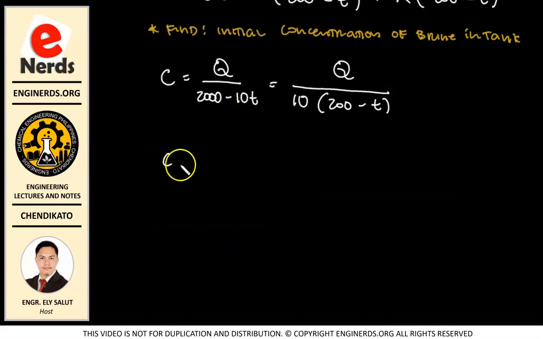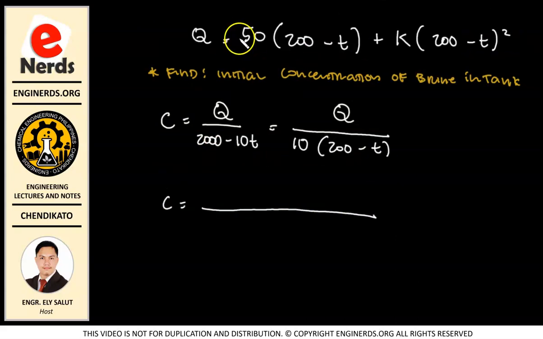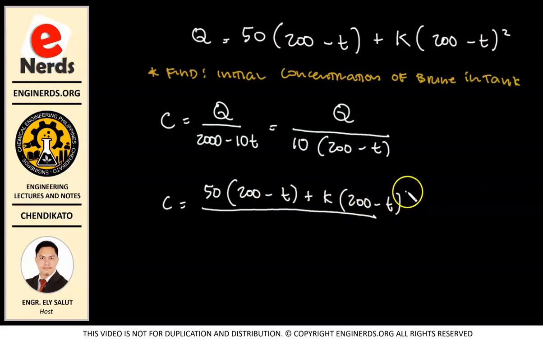So we have C is equal to, so let's substitute our Q, the one above. So we have 50 times 200 minus T plus K over 200 minus T squared.